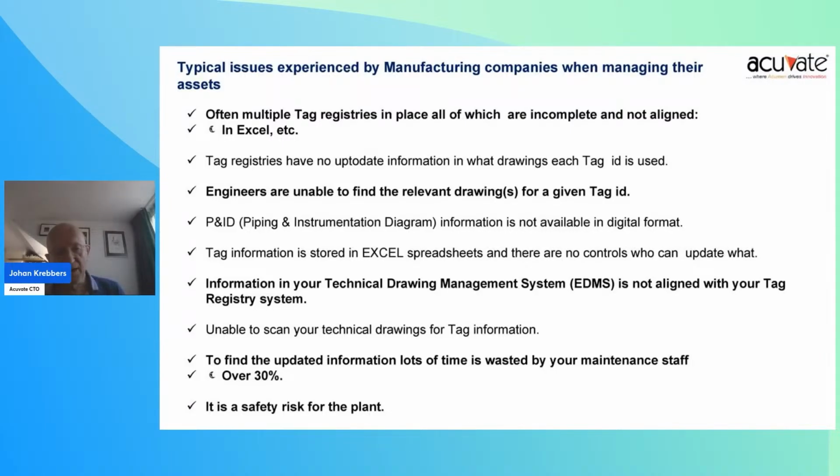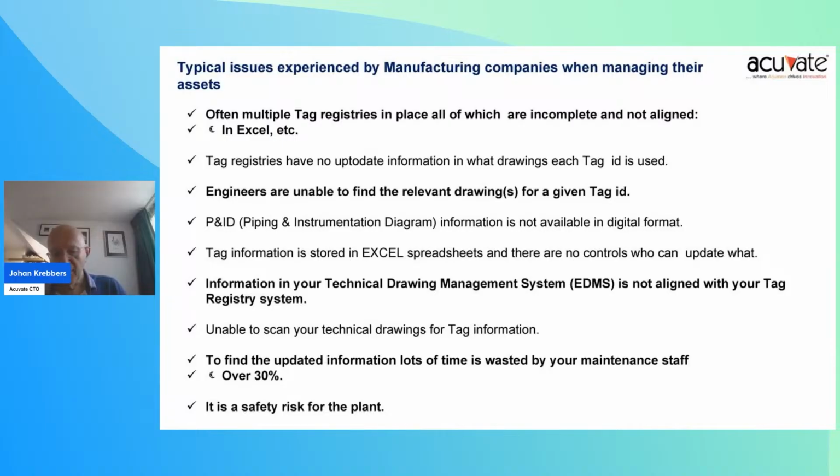Often a company has multiple Excel spreadsheets, not maintained, and therefore there's not really a clear overview of what are all the drawings you have, your engineering drawings, your cabling drawings, your P&ID files, your piping instrumentation diagram files, your safety drawings, your instrumentation drawings, etc., and which tag ID is stored in which drawing. Ask any manufacturing site and any energy site, most of them struggle with this information.